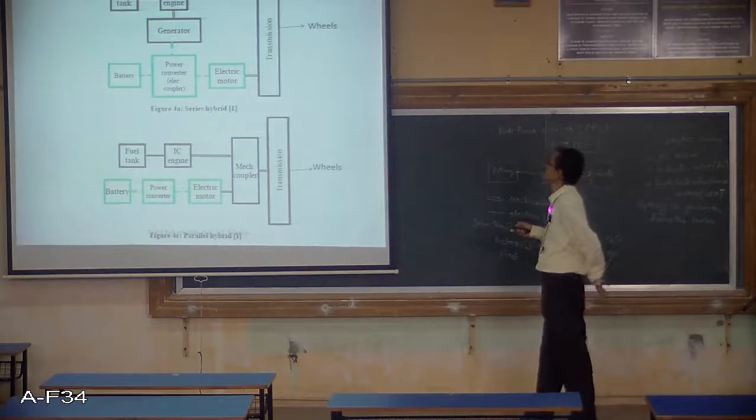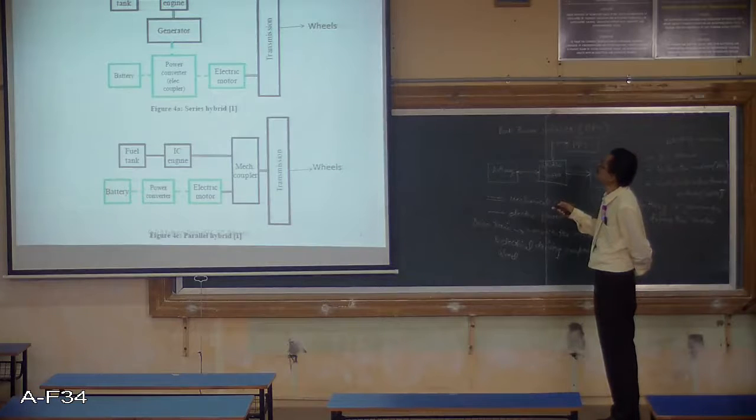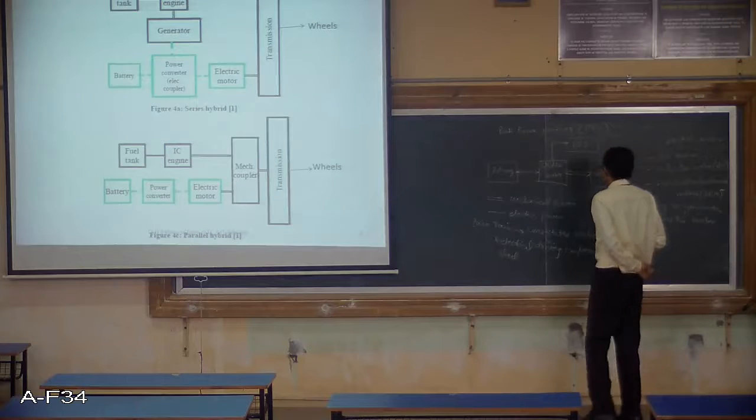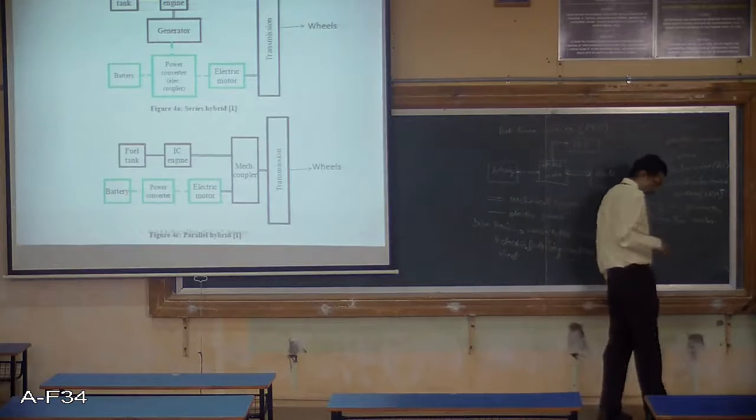The drivetrain can constitute the IC engine, generator, power converter, electric motor, transmission and wheels. So these all constitute the drivetrain for the electric vehicle.